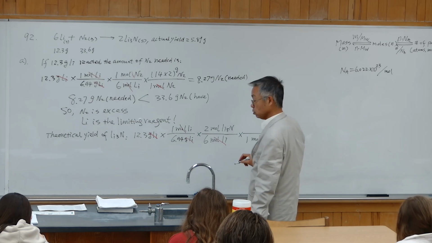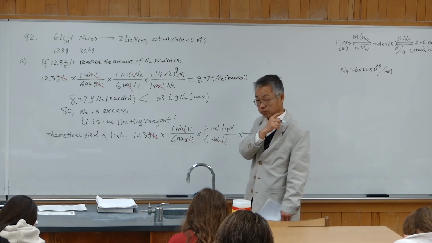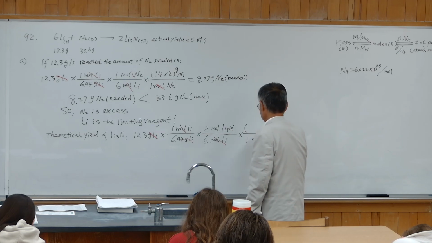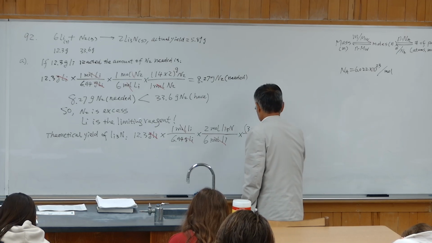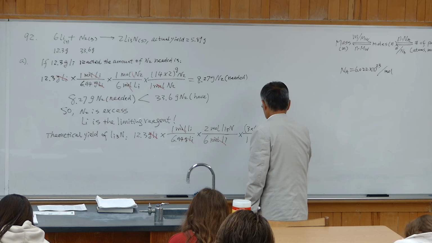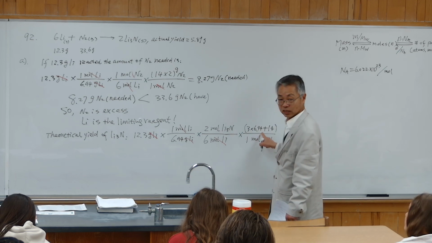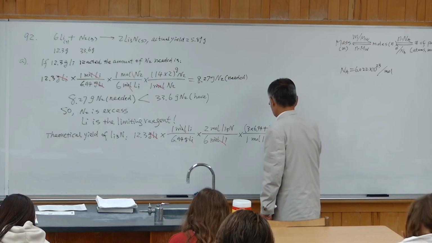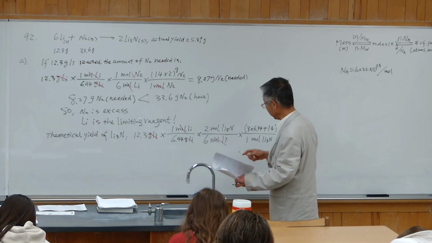What is the molar mass of lithium nitride? We need to use the periodic table again. For this formula, you have 3 lithium, each 6.94, and 1 nitrogen, 14. So 3 times 6.94 for lithium plus 14 for nitrogen is the molar mass.